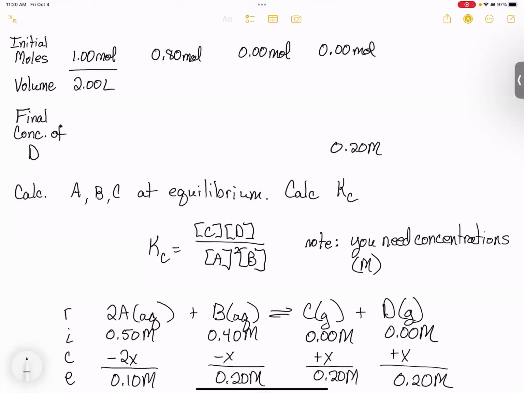Now, they gave you the concentration of D in molarity to begin with. And so then we just work from there. Did that answer your question? I was asking which step specifically you were referring to when you said ABC. Oh, this number. Okay. RICE stands for reaction, initial concentration, changing concentration, equilibrium concentration. Other questions?